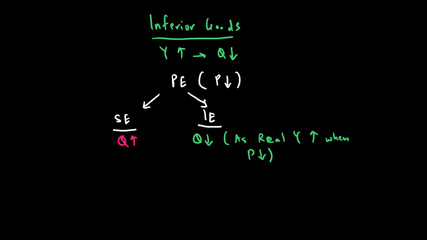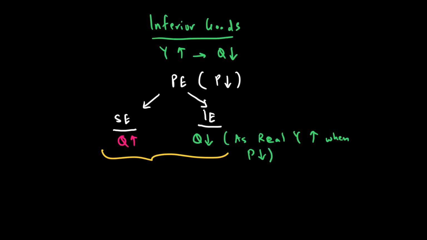Now the problem with inferior goods is this, that inferior goods are really low in price. The fact that they are so low in price, that even though the price goes down, we will have an income effect, that income effect will be really small, and the reason is very simple. Because these goods are extremely cheap, they will not make a significant impact on your income.